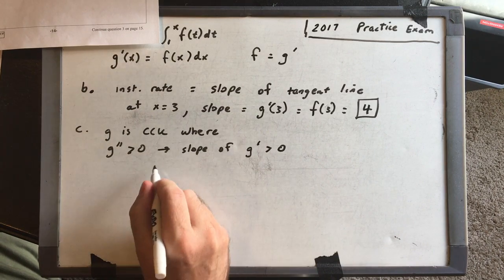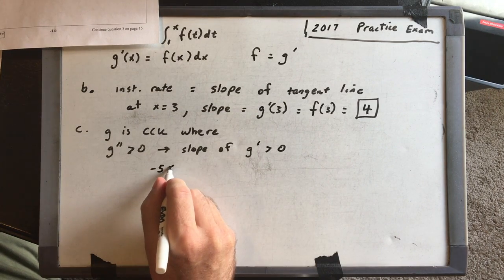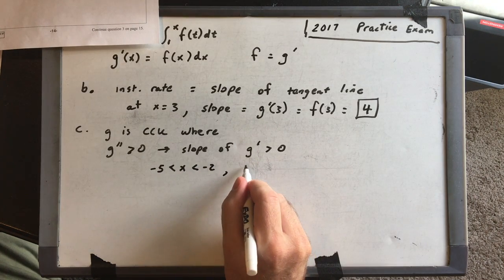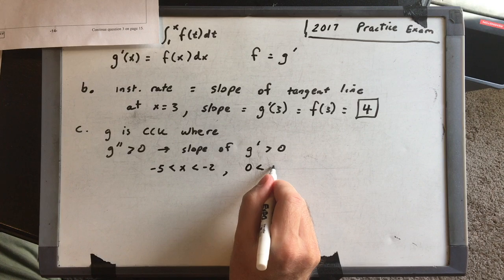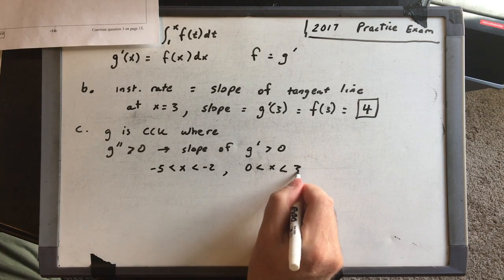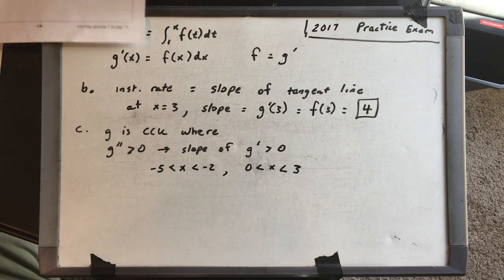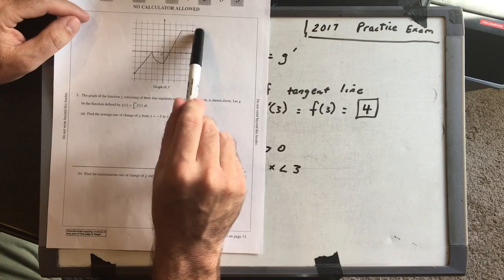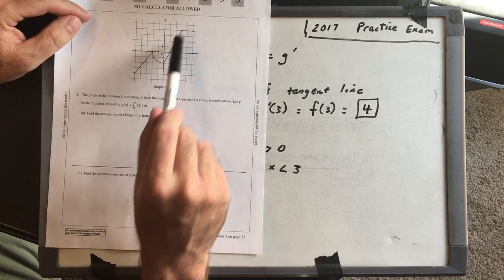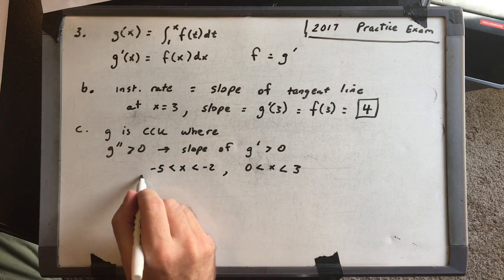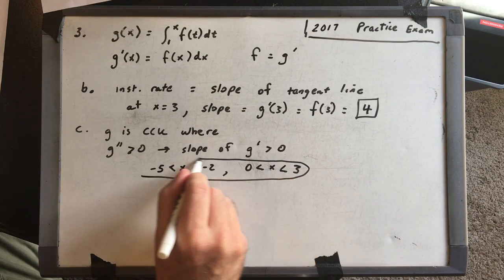You can just write this as an interval from -5 to -2, and then from 0 to 3. So where the graph goes flat, that's not part of the interval, okay? The slope's got to be increasing. All right, so that part, not too bad.